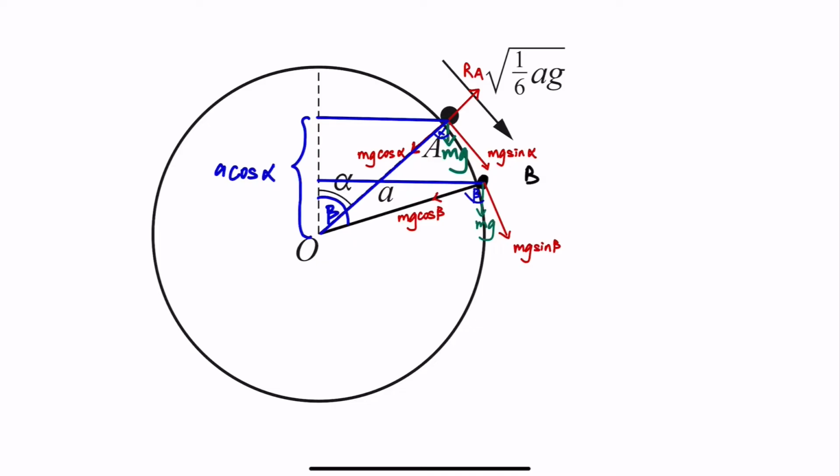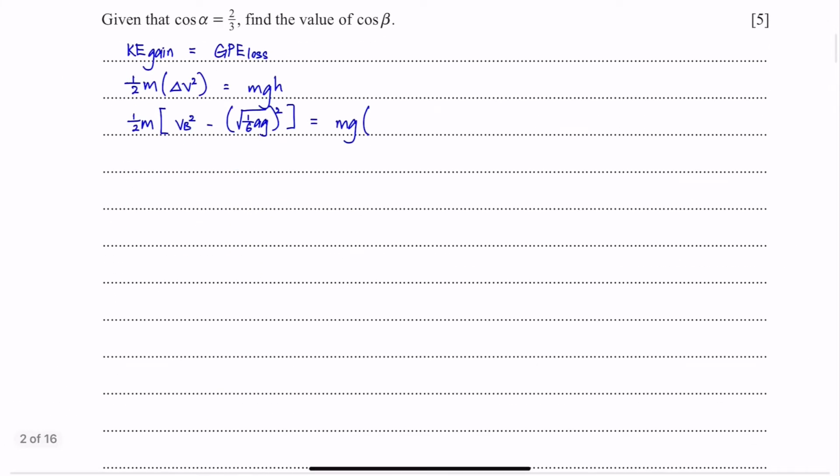Similarly, this line over here is also a. So we have this height as a cos beta. So now the height difference would be a cos alpha minus a cos beta.